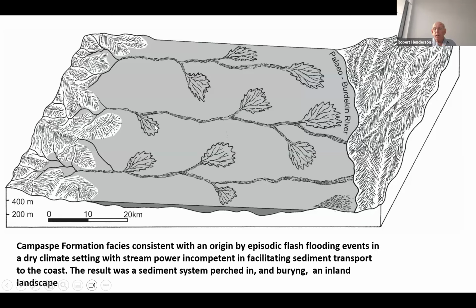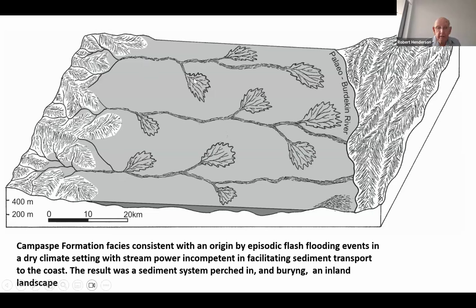Clearly a very different climate system from the one that prevails today. My thinking has to be that it's a very arid climate setup with episodic flash flooding, where the stream capacity didn't have the carrying capacity to get the sediment to the coast.